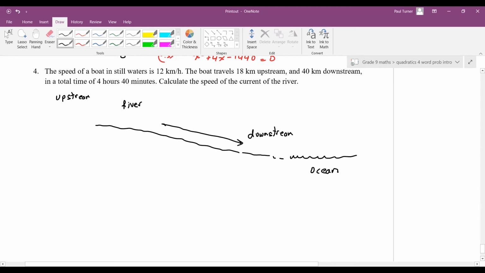Downstream being at the river, so going downstream means going down. So if you swim downstream, you're going to go really fast, aren't you? But if you try to swim the opposite direction and swim upstream, with all the water that's moving down, you're going to slow down, aren't you? So this is going to increase your speed.